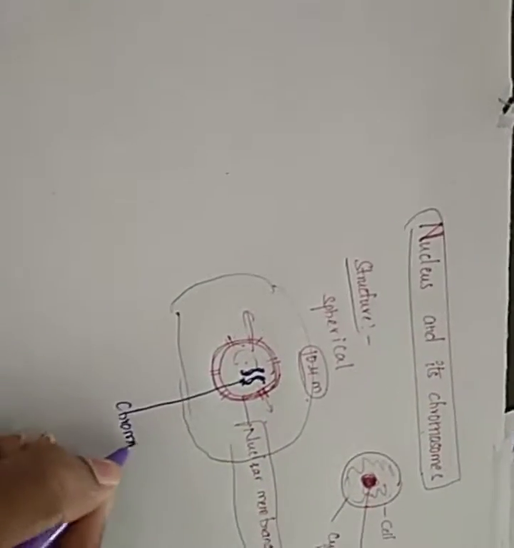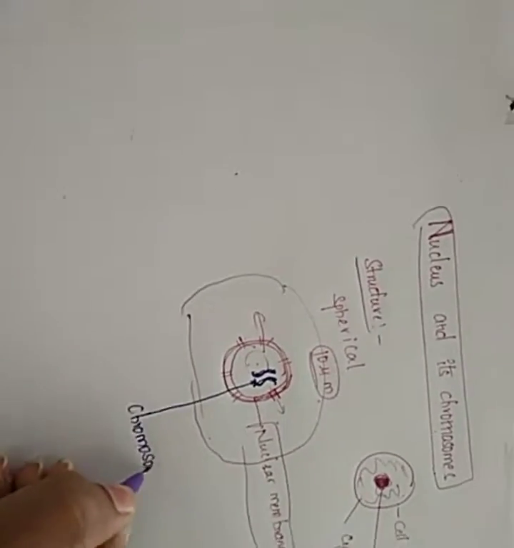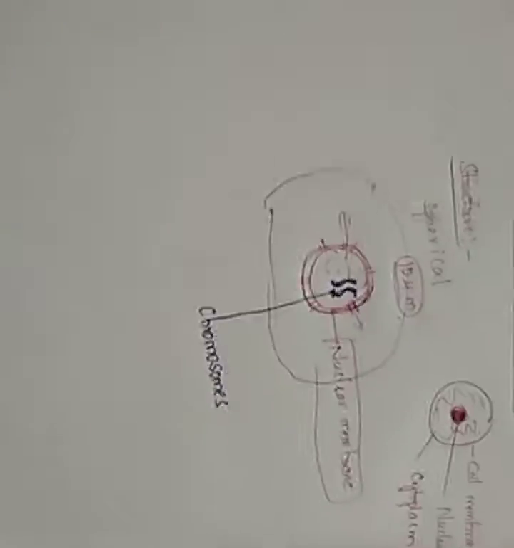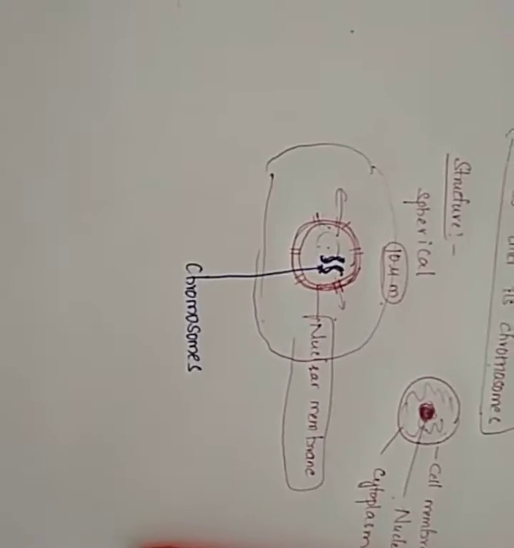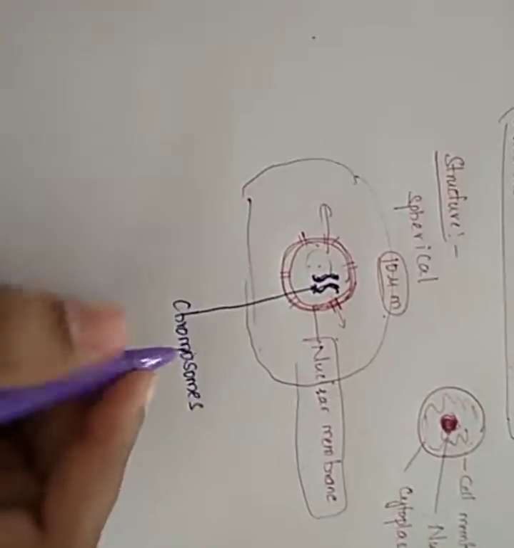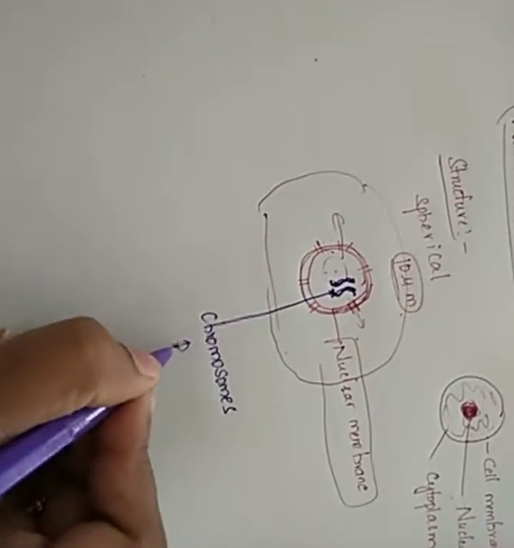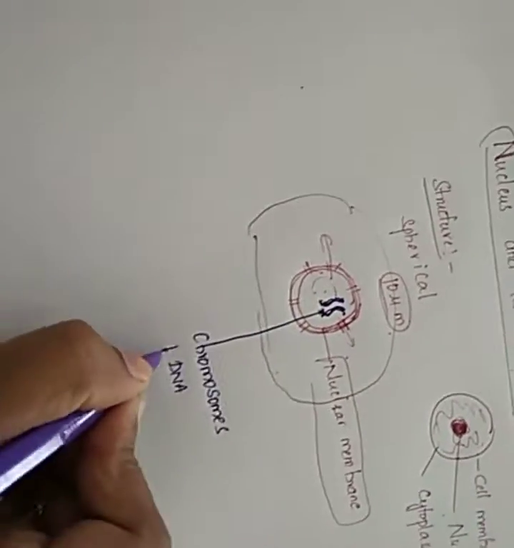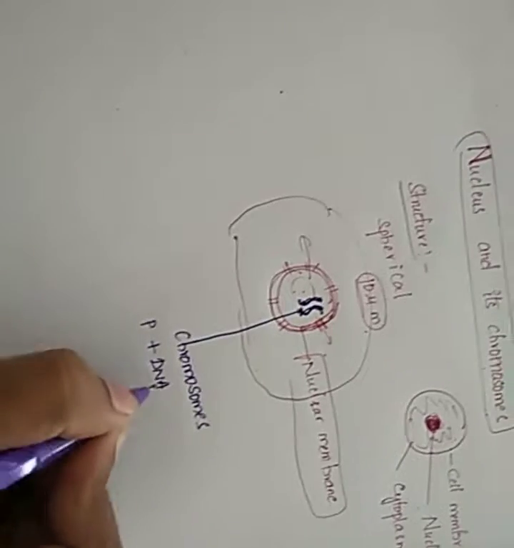These structures are called chromosomes, and they are actually made of DNA along with a giant protein molecule.